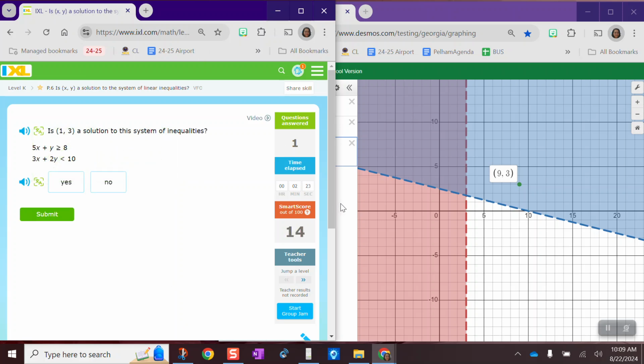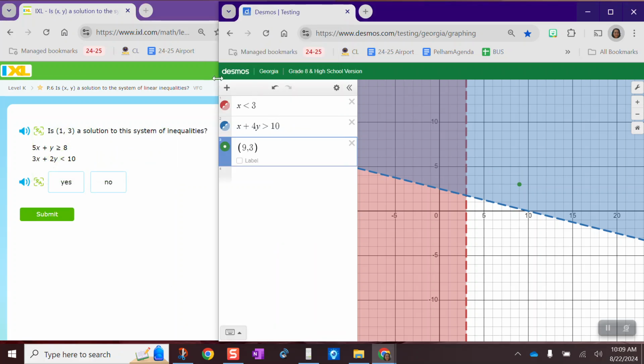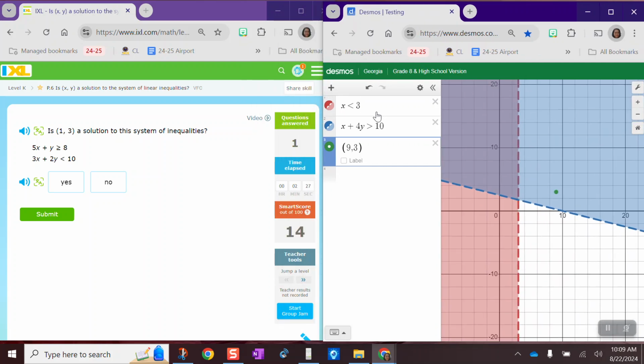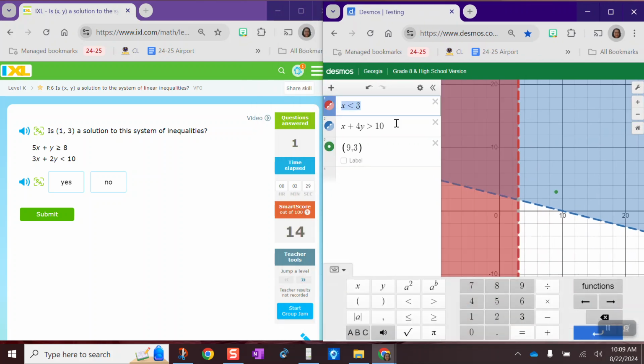Right? Another one. It's actually kind of fun because it takes a lot of typing and makes it easy. So I hope you're able to knock out a lot of these IXLs tonight, since I'm showing you how to do them quickly, okay? The test is going to be on Tuesday.